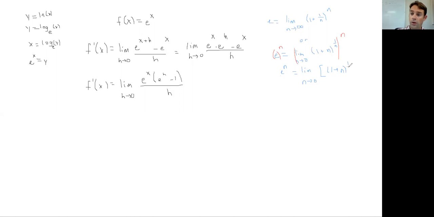So I have 1 plus n to the 1 over n, all to the n. And if I have an exponent raised to an exponent, we've said to multiply it. So e to the n is the same thing as the limit as n approaches 0 of 1 plus n.